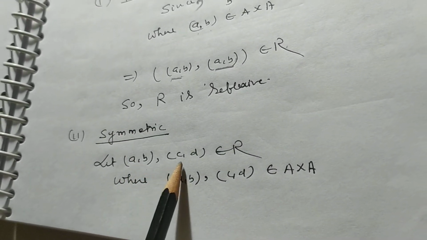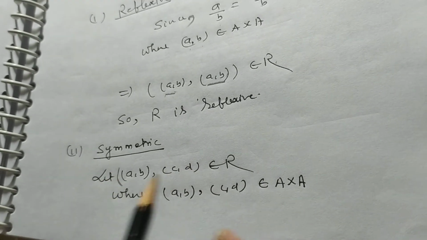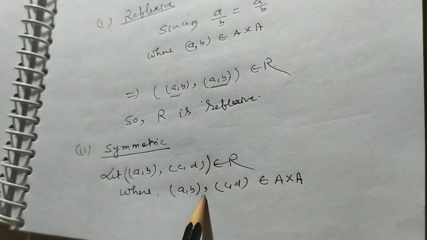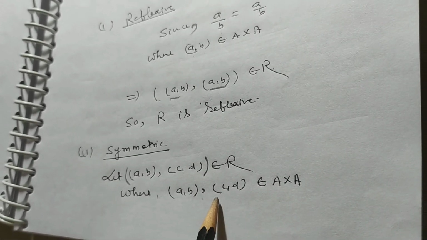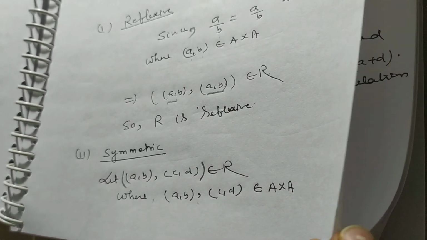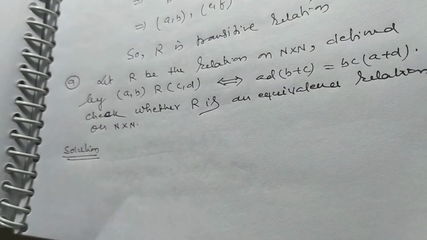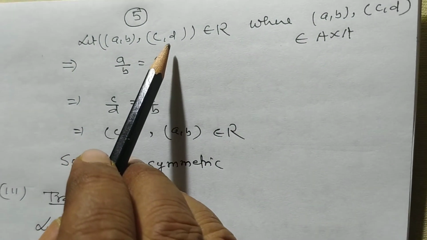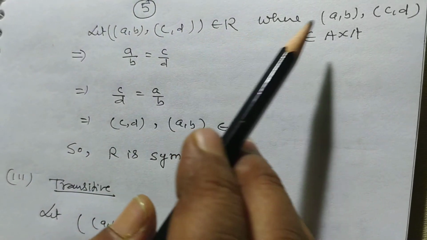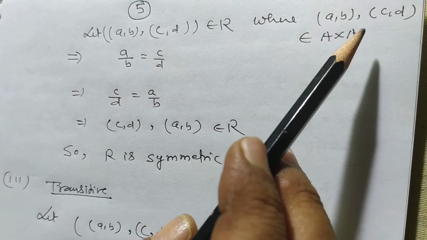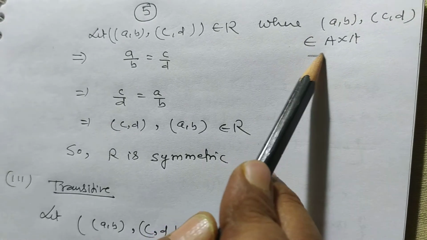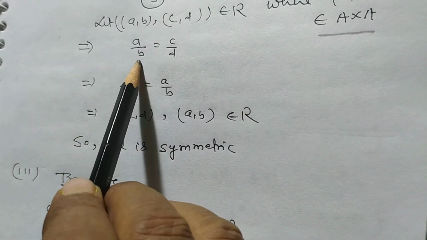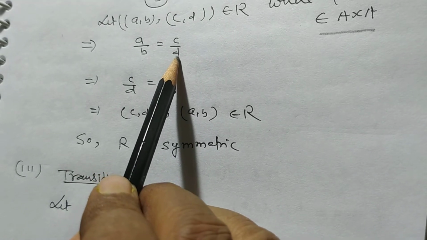Symmetric. Let AB, CD belong to R, where A, B, C, D belong to a Cartesian product with A. So AB is equal to CD.